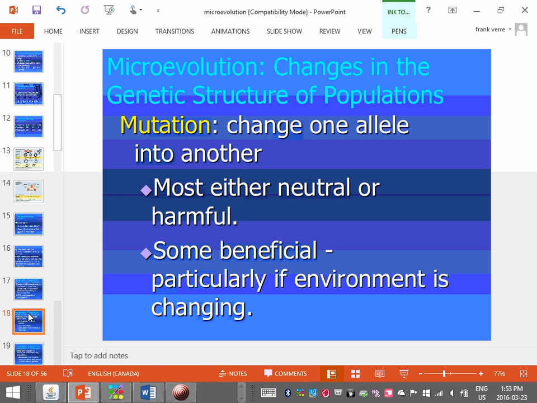Good or bad? Well, you'll see, it depends. It's going to depend on the environment. If you have two copies, it ain't good. But I'll show you later on in this unit, one copy may actually be good, depending on where you are.